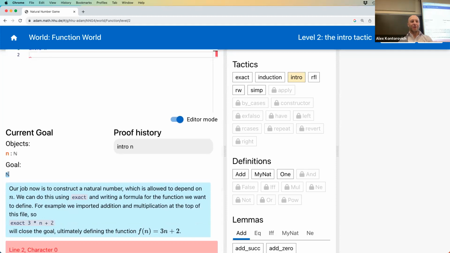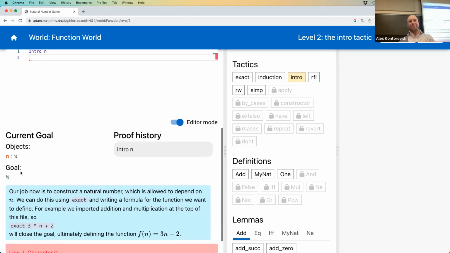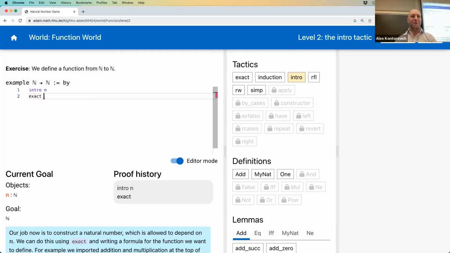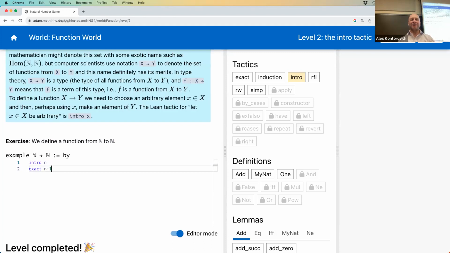Now we have our natural number, and we can give any natural number we like. We could exact n plus 1, we could exact n plus 7. And in fact, we could do both things in one fell swoop because we can give a function. So that's a function from n to n plus 2 or whatever.